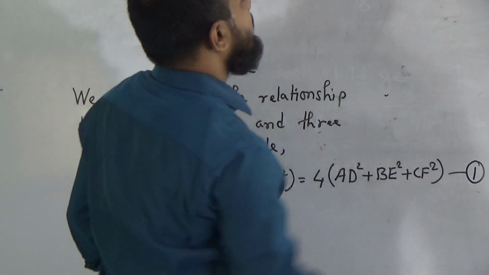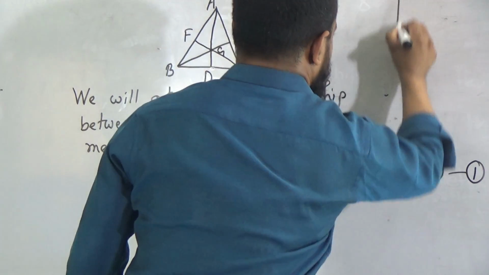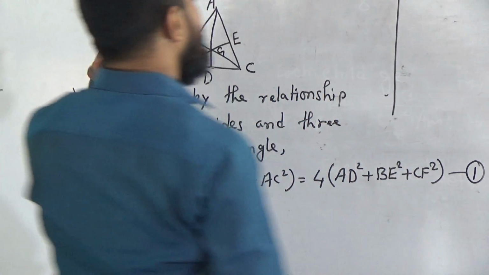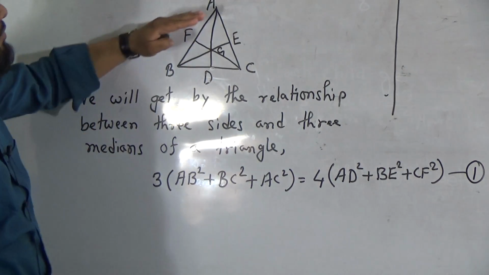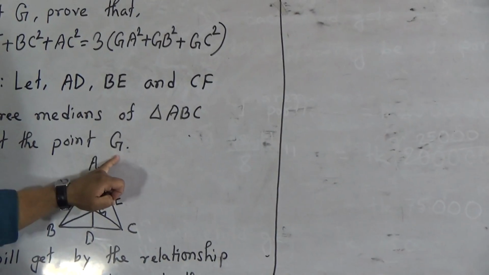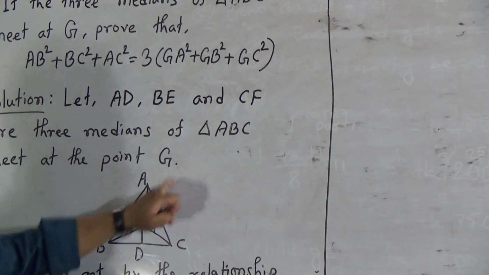Look at the board on the right side, I am going to write it down. We already supposed that the three medians meet at the point G. So G is the centroid.